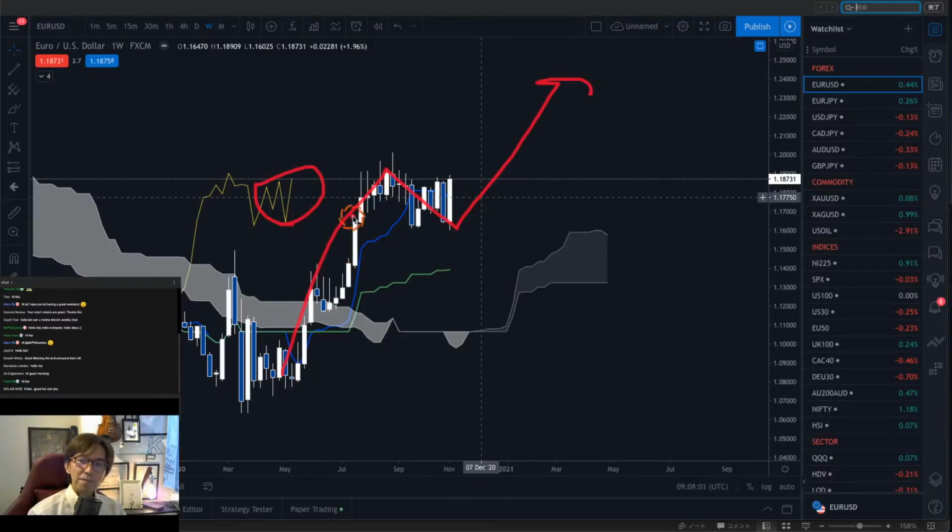I draw the N wave like this, but the market might retrace all the way to this area to Kijun-sen, or it might retrace to the Kumo and still go up. But overall, this is still an uptrend. Unless the price breaks the Kijun-sen downwards, this is an uptrend.